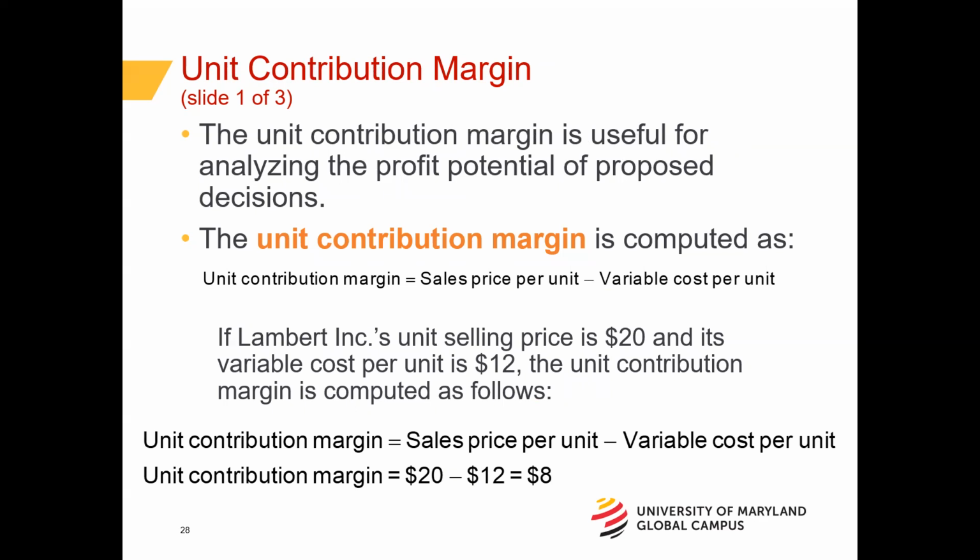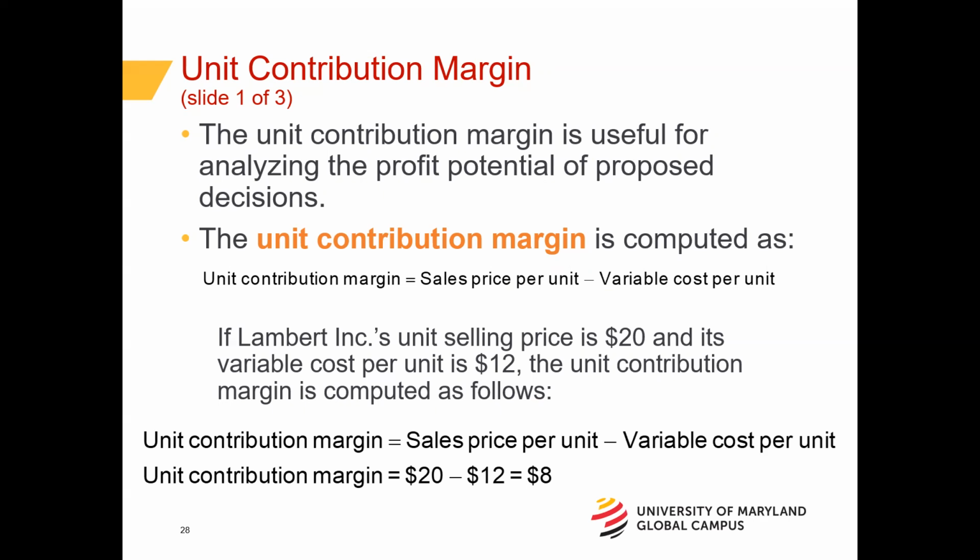Unit contribution margin is, of course, important to understand our profit potential, right? That's why we compute unit contribution margin. Unit meaning individual units available for sale. To calculate unit contribution margin, we take our sales price per unit minus our variable cost per unit.